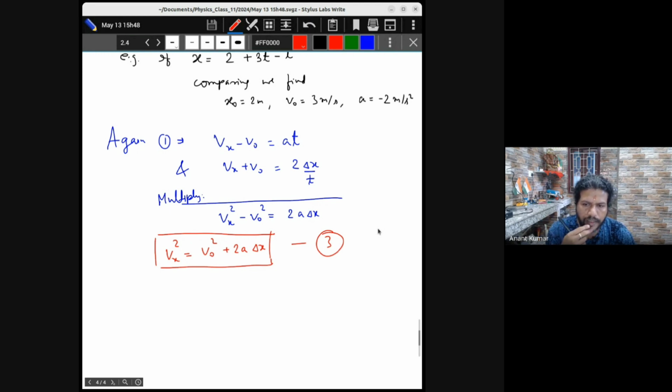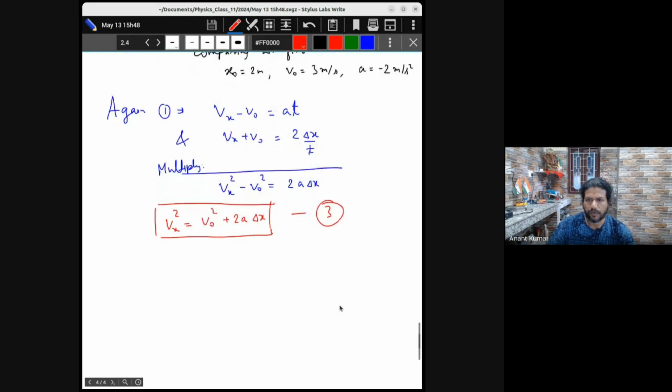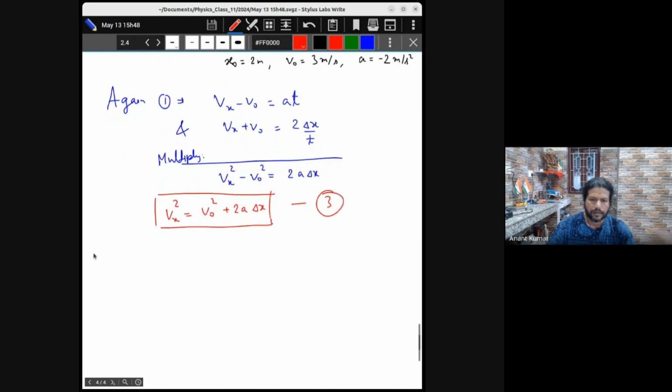And that constant is around 9.8 meter per second square, right? If you consider, for example, throwing a stone, I hope that is clear enough.